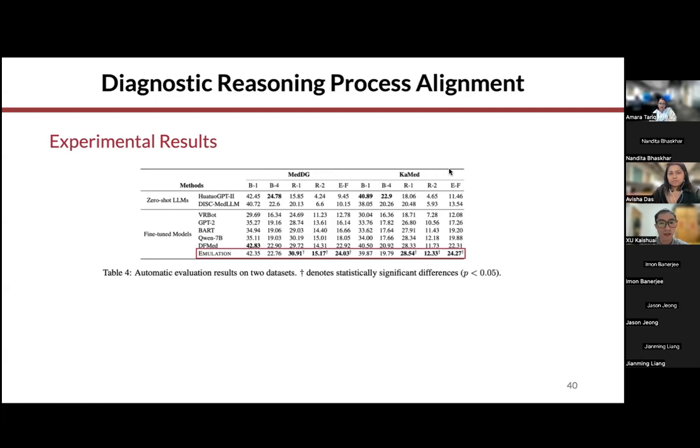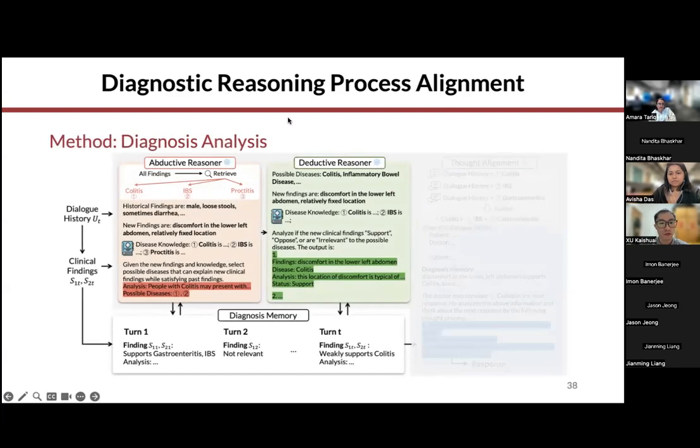And since we use the external knowledge graph, this graph includes 5,000 diseases. These reasoners do not require retraining of the available system, so it can handle rare diseases or diseases that are not available in the dataset.